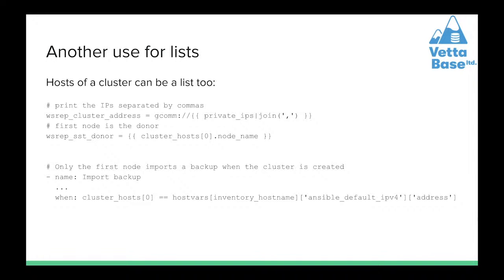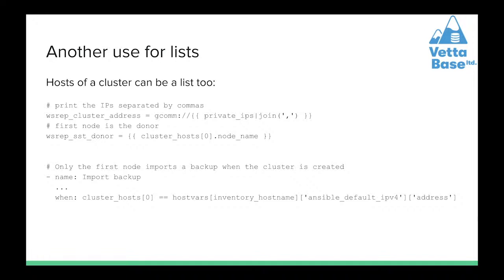Okay, so this list should appear in the wsrep_cluster_address variable, and should be comma separated. So you can see it in the example, right? We have this private IPs list. We pipe its content to a filter called join, and basically it becomes a comma separated list.